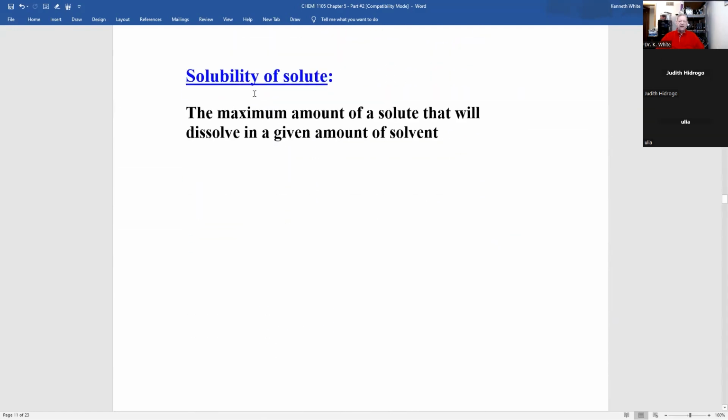And the solubility, by the way, of a solute is the maximum amount of solute that will dissolve in a given solvent. If you put one more molecule, 1,000th of a gram more, and you're over the solubility limit, it won't be soluble. It will stay as a solid and float to the bottom.